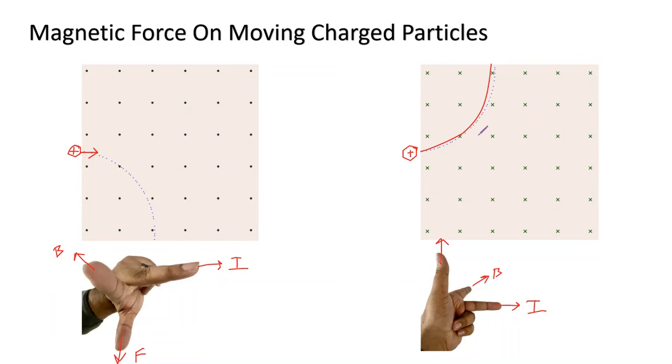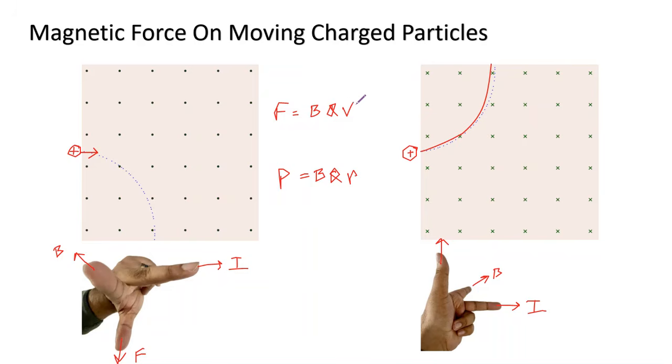And the equation for force on a moving charged particle in a magnetic field is F equals BQV. This is definitely useful, but a more useful equation is for momentum of a moving charged particle in a magnetic field, and that is p equals BQr.